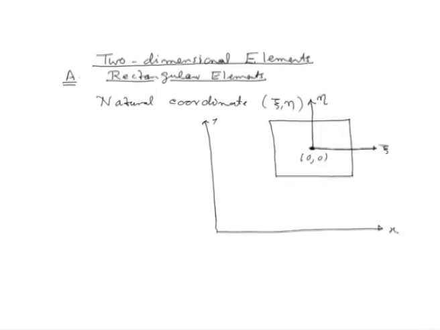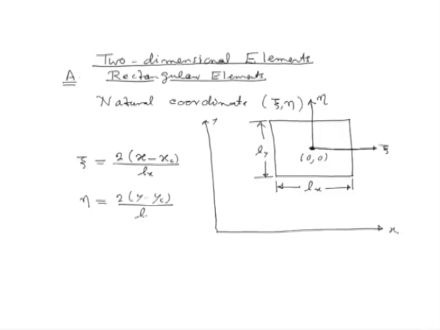If the length of this rectangular element in x direction is Lx and its length in y direction is Ly, xi would be defined as twice of (x minus xc) divided by Lx, and eta would be defined as twice of (y minus yc) divided by Ly. So, this is the basic definition of our natural coordinates for a rectangular element.